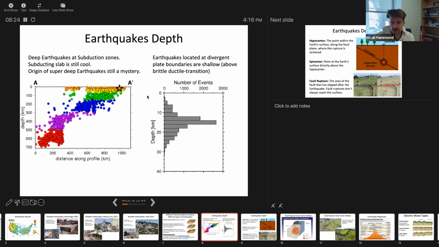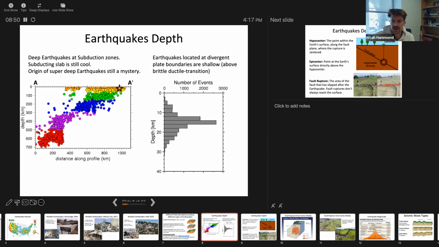And so this is what some of the plots that is possible to generate when you think about the types of earthquakes that occur at subduction zones. So this is a subducting plate going down here. And there are some very, very deep earthquakes that occur along subduction zones that can be very powerful.